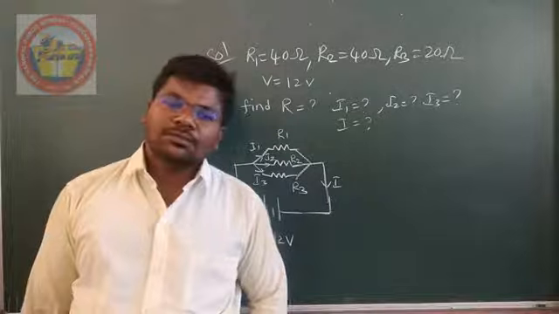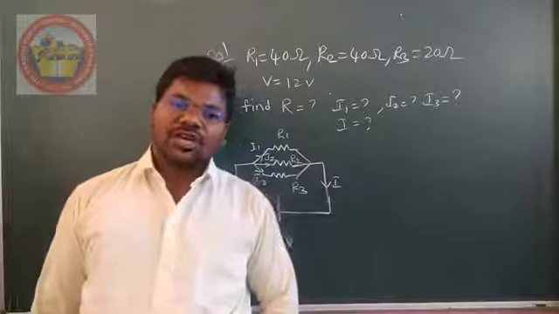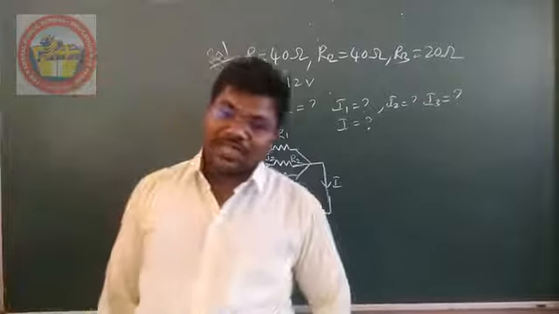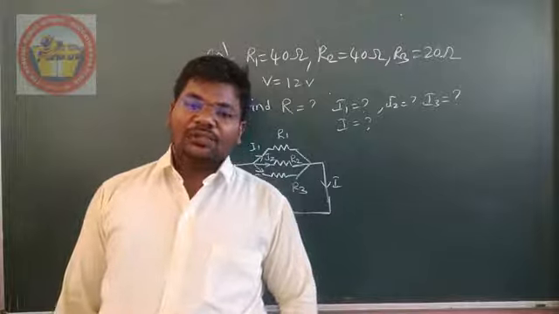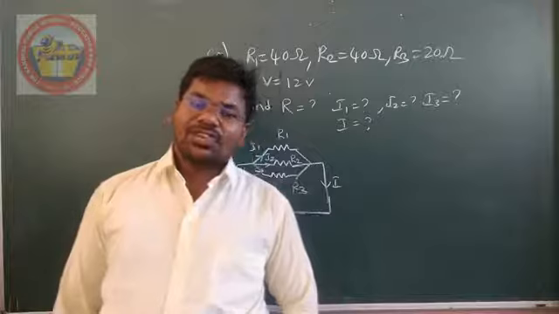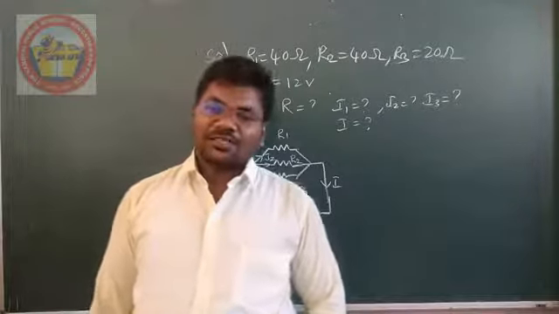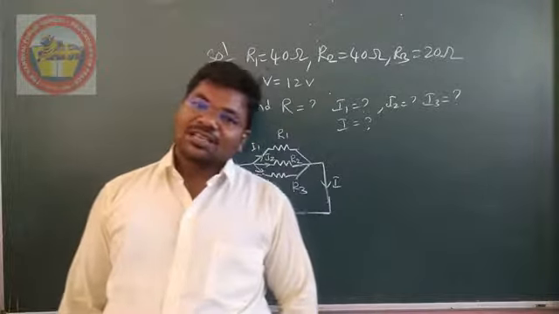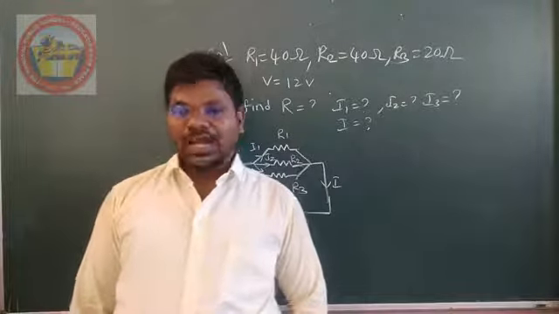In the above problem, they have given three resistors: R1 is equal to 40 ohms, R2 is equal to 40 ohms, R3 is equal to 20 ohms, and a battery of 12 volts. We have to find the effective resistance, the current passing through the first, second and third resistors, and the total current passing through the circuit.